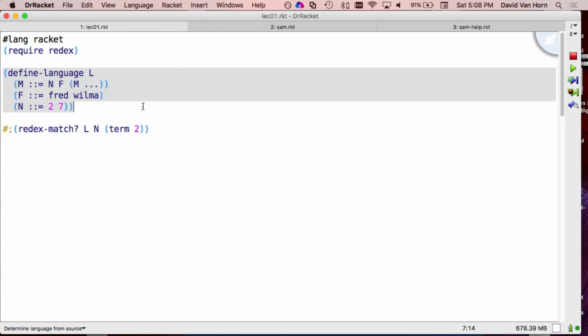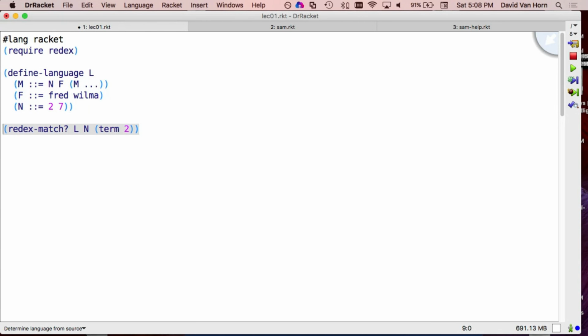So we can do things like ask if a term matches a pattern. That's what this redex-match? does, that's how I pronounce the question mark.